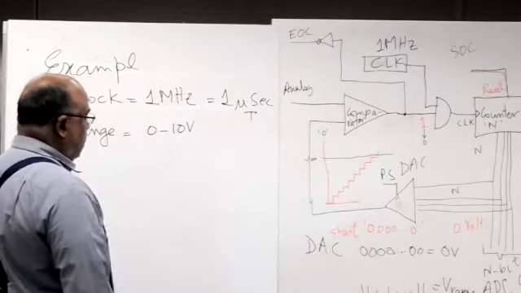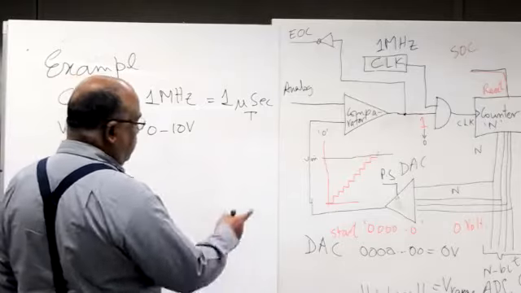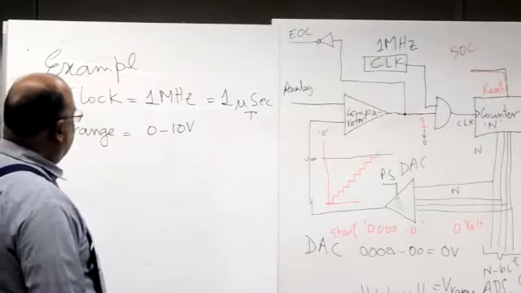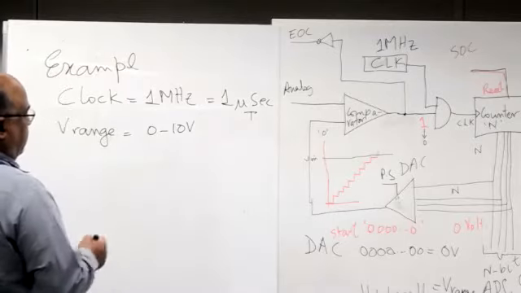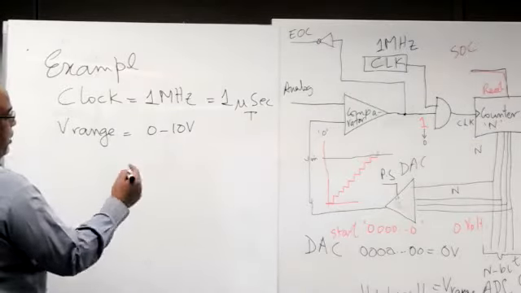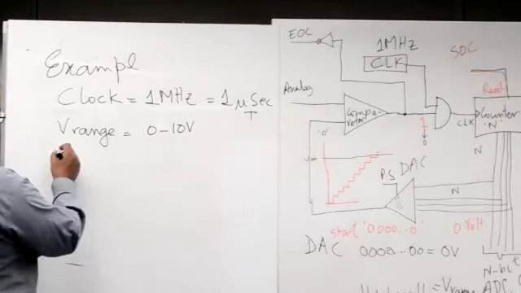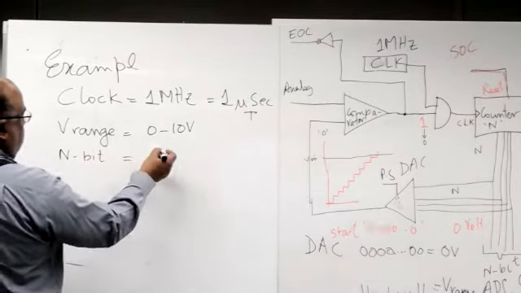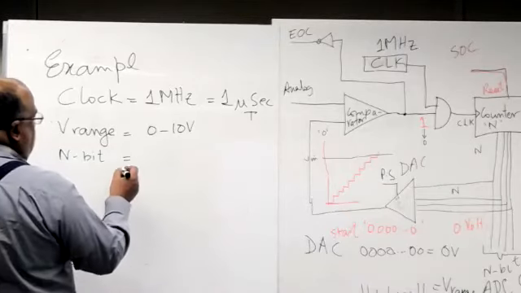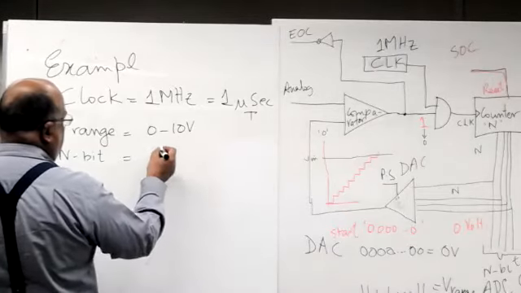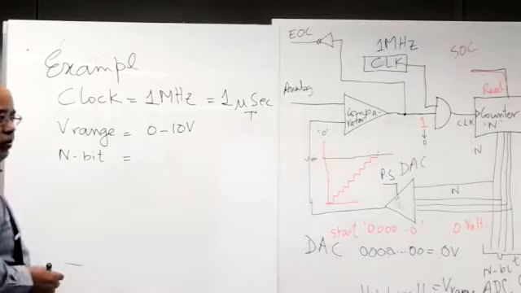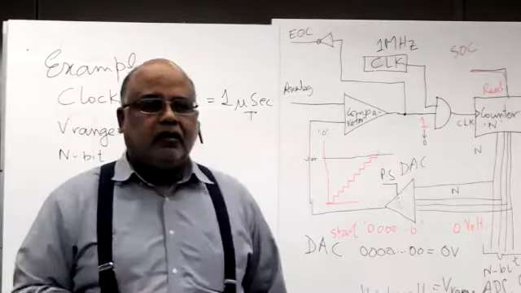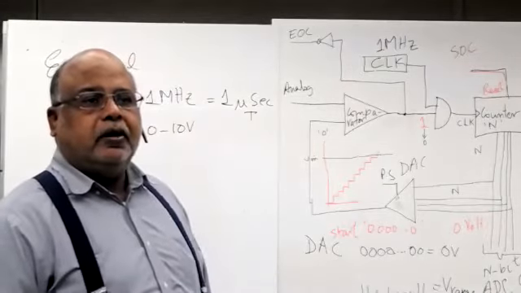So now it is time to assume some size of the ADC, also the size of the DAC. So n bit ADC, bits equal to... कितनी करें बता दें, 10 ही कर देते हैं, 10 bit ADC.